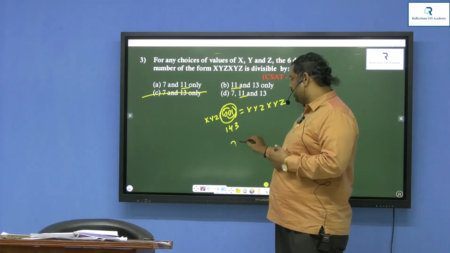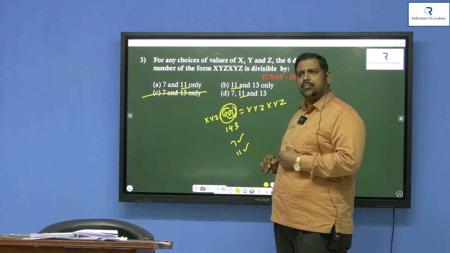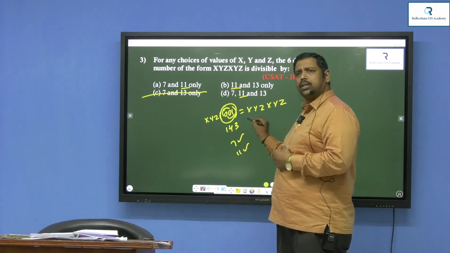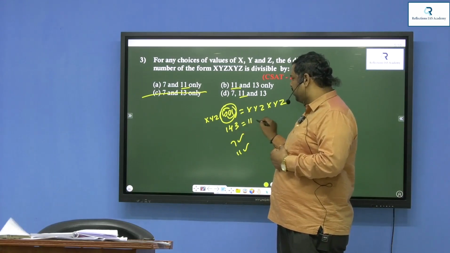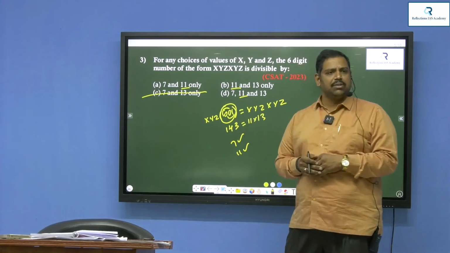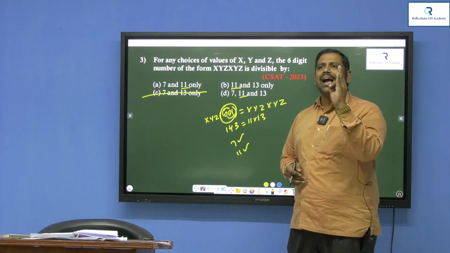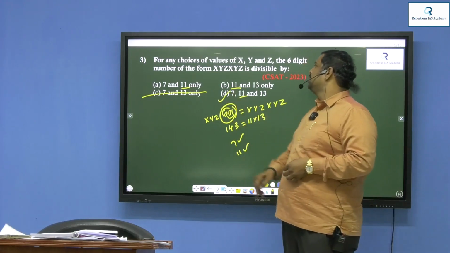7 okay, 11 already okay. If you divide by 7, you get 143, right? Now 143 is divisible by 11 if you observe: 11 1s are 11, 11 3s are 33. Yes or no? Now tell me, the number is divisible by 7, 11 and 13. All three, right? So which option is the answer? D is the answer.